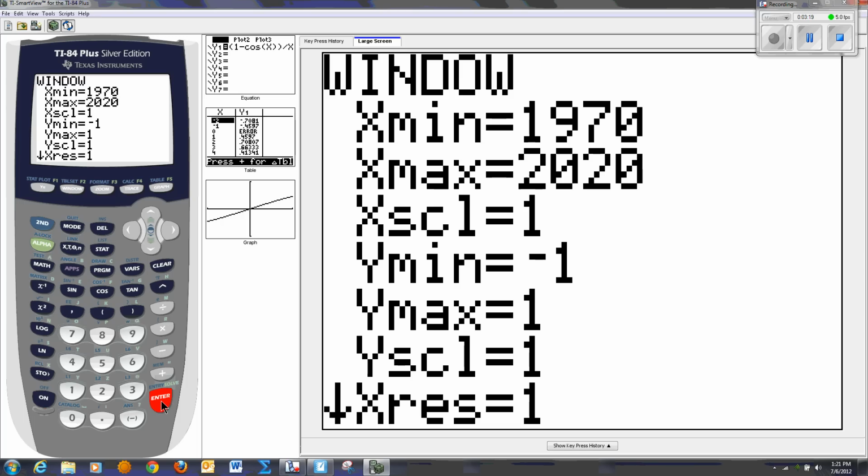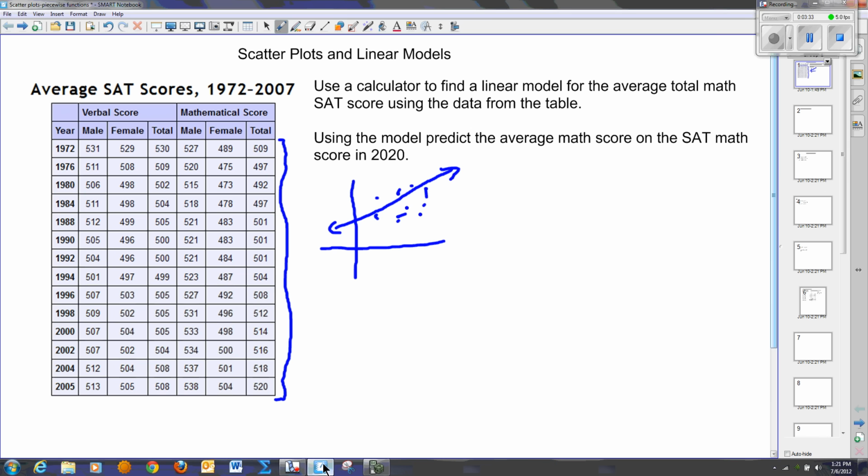I usually pick 1. For the y values, we were varying somewhere between the 500s and the 400s. So let's just go ahead and look at our table one more time. We notice we went from 520, which was our high, to 490, which was our low.